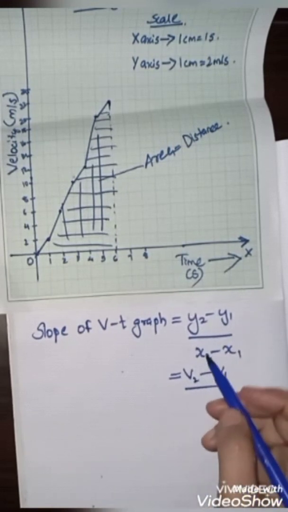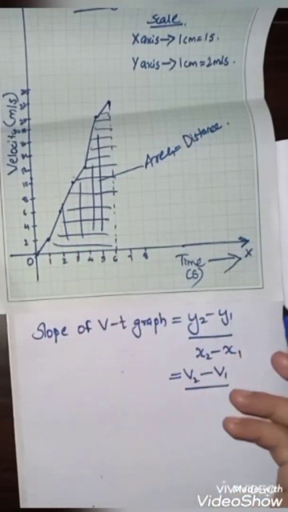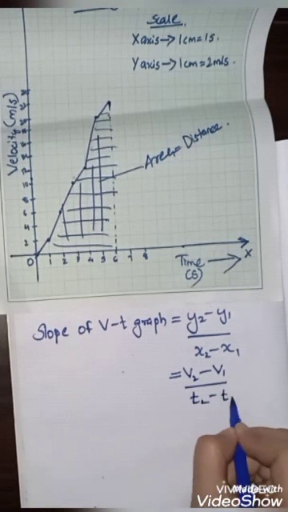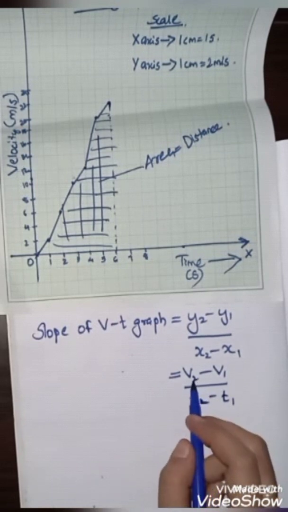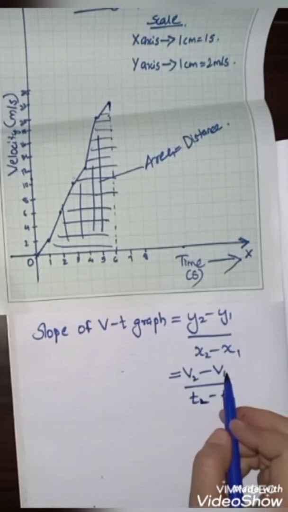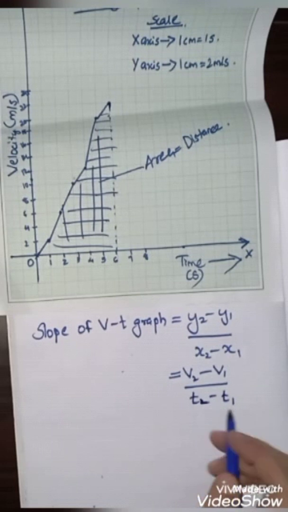Here, the velocity v2 corresponds to the time t2, minus t1. t2 is the time corresponding to the velocity v2, and t1 is the time corresponding to the velocity v1. So v2 minus v1 by t2 minus t1.